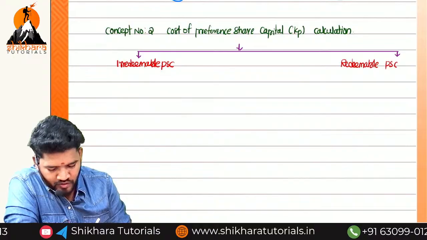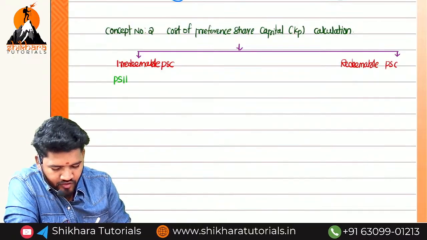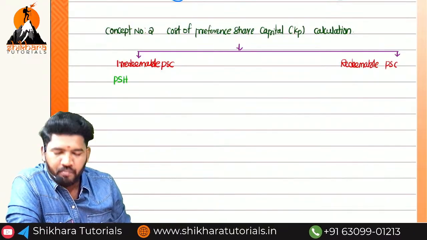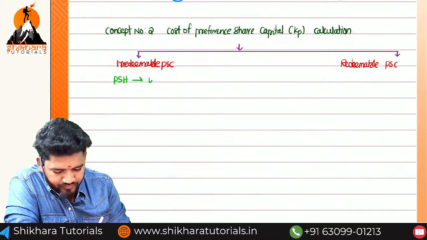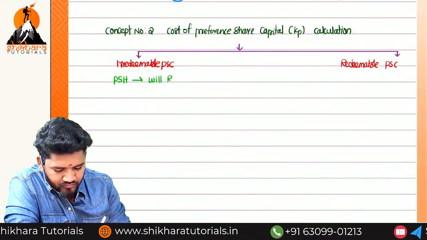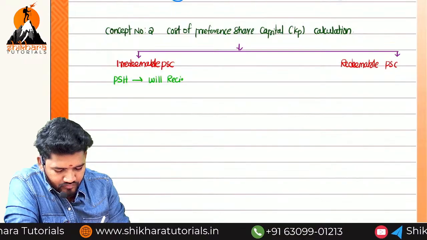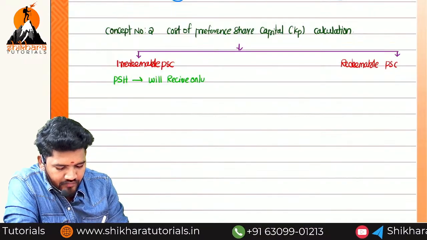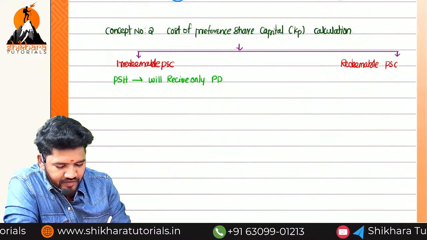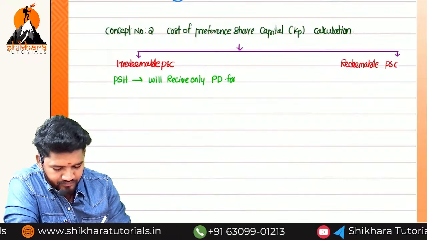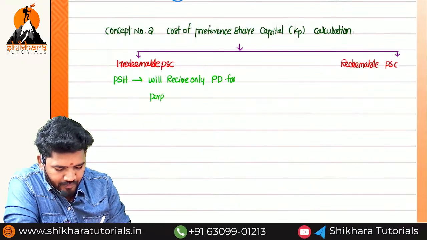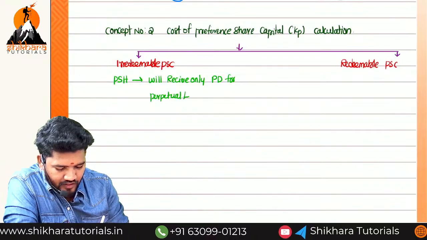Here the preference shareholder will come, not the debenture holder. The preference shareholder will receive only preference dividend for perpetual life.